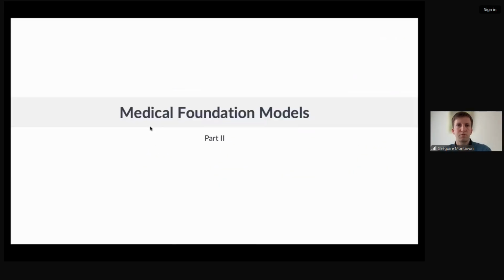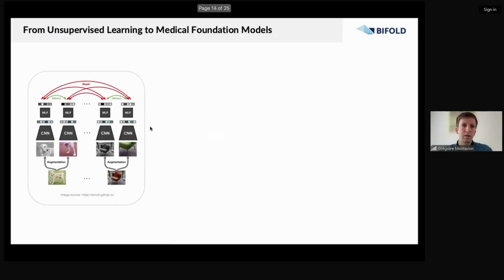Okay, so now a totally different topic, as I was mentioning before. Another use case of explainable AI on unsupervised data, which is here in the context of medical foundation models. And foundation models are basically gaining a lot of popularity due to the fact that they can operate on large amounts of unsupervised data.